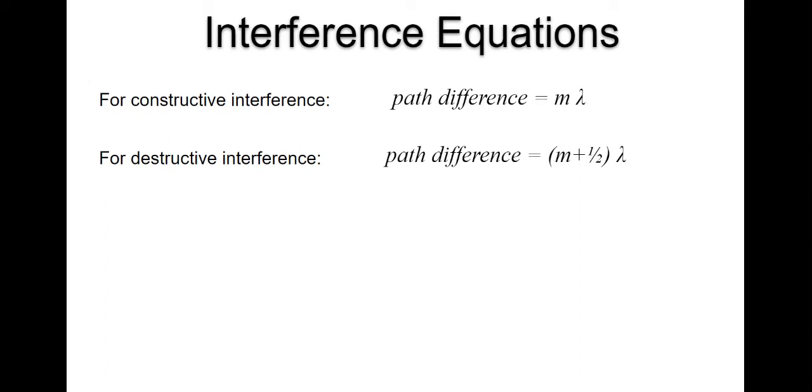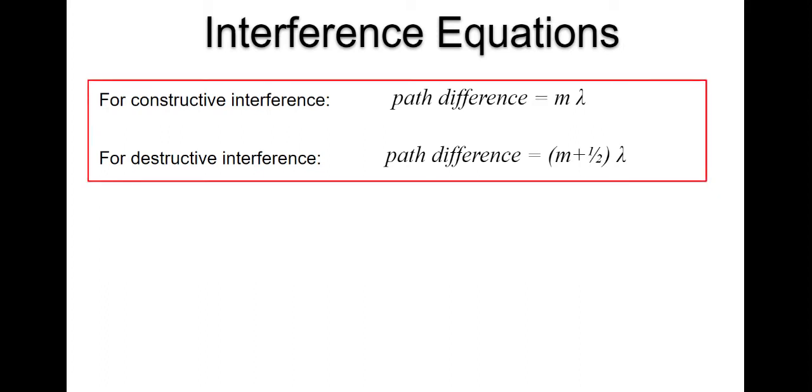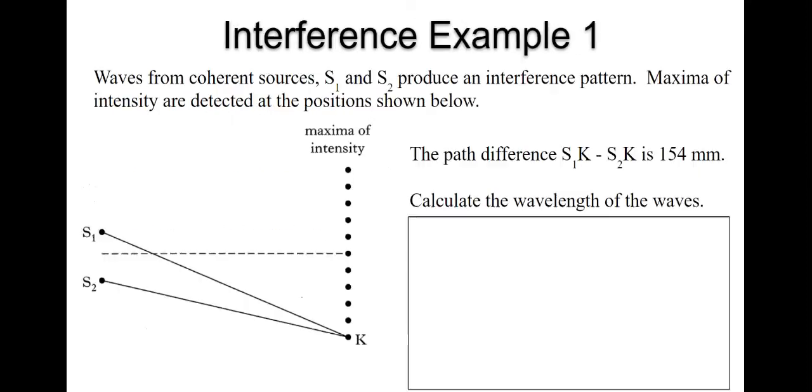So, constructive interference occurs where the path difference is no wavelengths, 1 wavelength, 2 wavelengths, 3 wavelengths, 4 wavelengths, and so on. Destructive interference happens where the path difference is half a wavelength, 1.5 wavelengths, 2.5 wavelengths, 3.5 wavelengths, and so on. m can be any whole number.